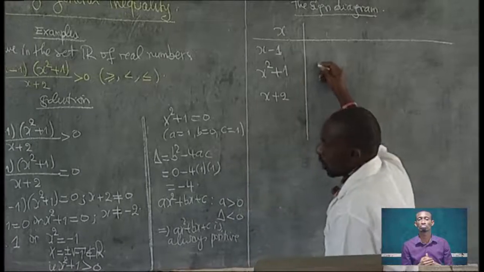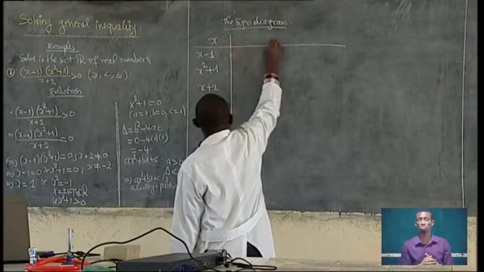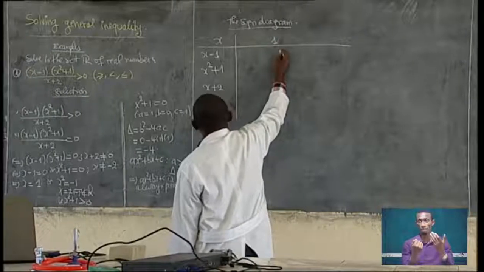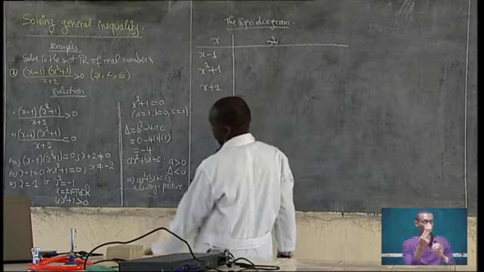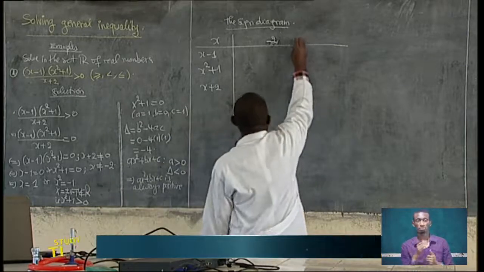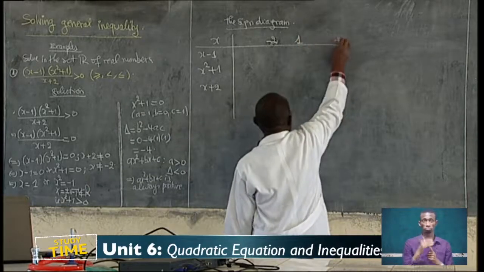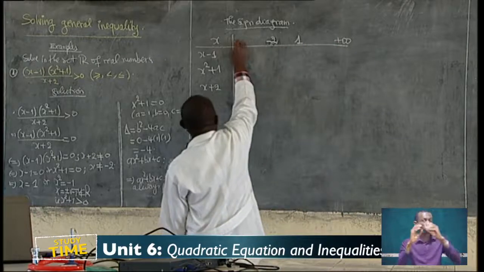The roots: let's start by negative 2, which is here. Let's put 1 here, then positive infinity. Of course, we cannot forget negative infinity.